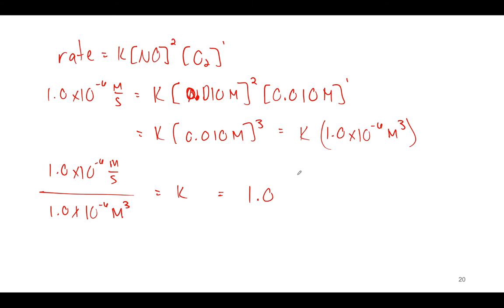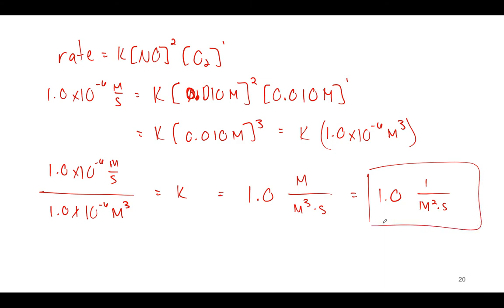So what we're going to do is condense everything down. We have a molarity unit divided by molarity cubed times second in the denominator, and this is going to simplify even further to 1 divided by molarity squared second.